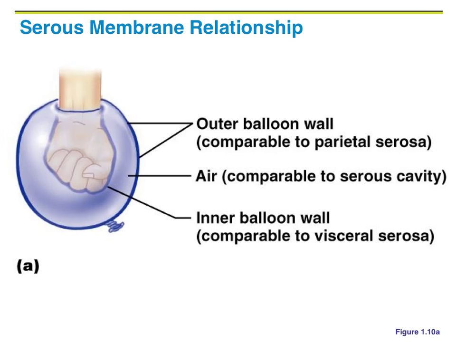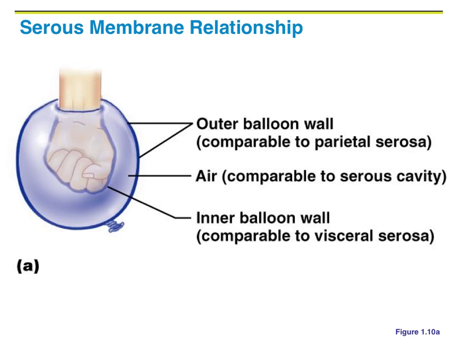If you look at slide 22, this is an illustration of how you can think about the differences between visceral and parietal layers. Again, the visceral serosa always surrounds the organ itself. So your fist represents the organ, and the outer portion of the balloon represents the cavity.